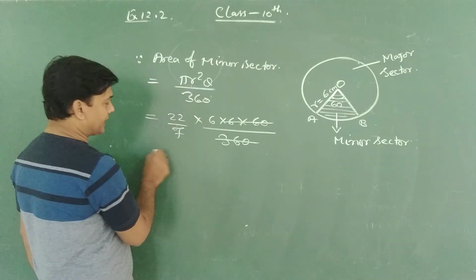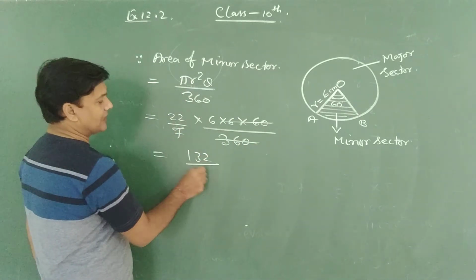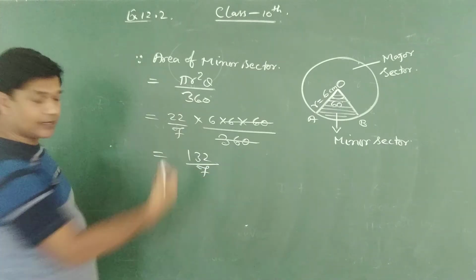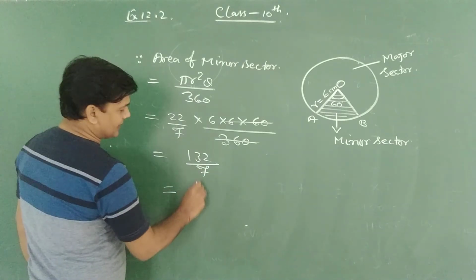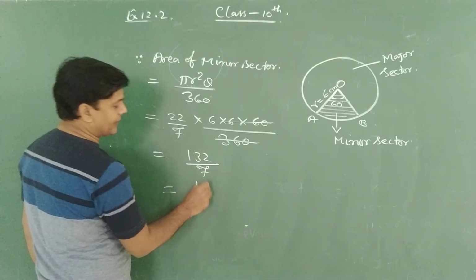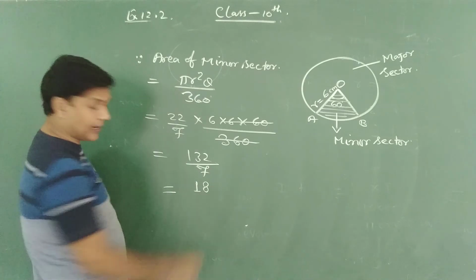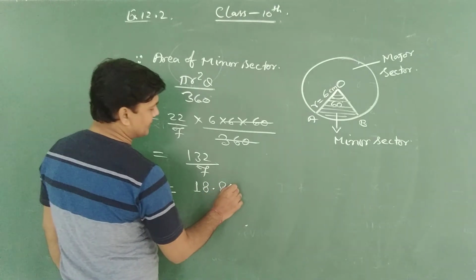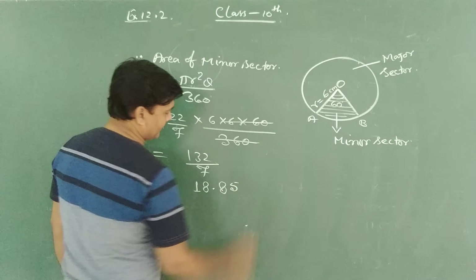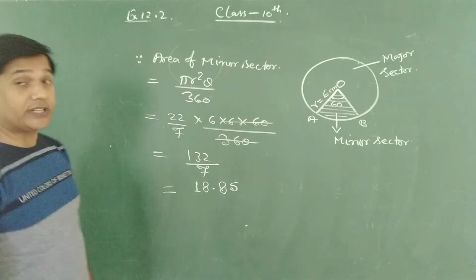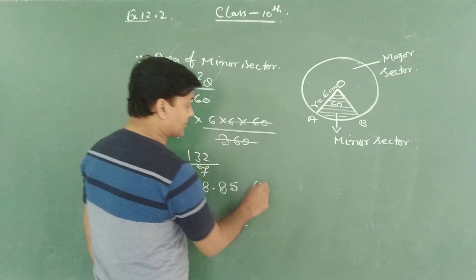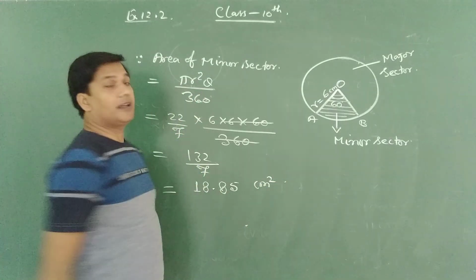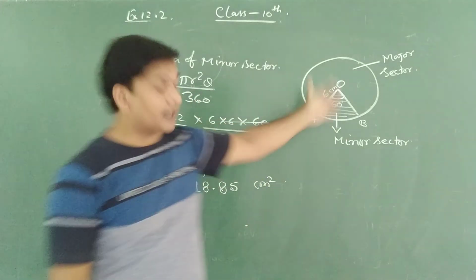Now the remaining thing is 132/7. Divide कर लेते हैं. 7 1 जा 7, 62, 7 8 जा 56, again 6, 7 8 जा 56 and 4, that means 7 5 जा 35. So 18.85 centimeter square is the area of this minor sector.